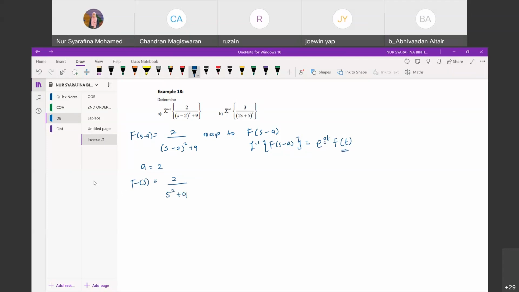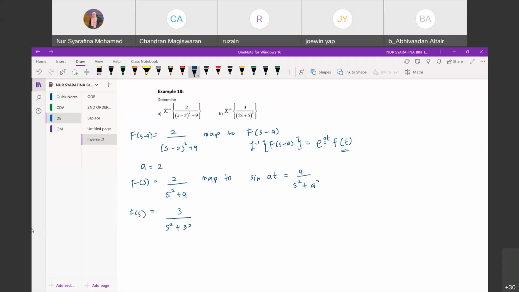Now this is mapped to what? The transformation of sine at has a over s squared plus a squared. So what you can do here is some modification. This F(s) should be s squared plus 3 squared, and this one is 3, so the numerator should be 3.